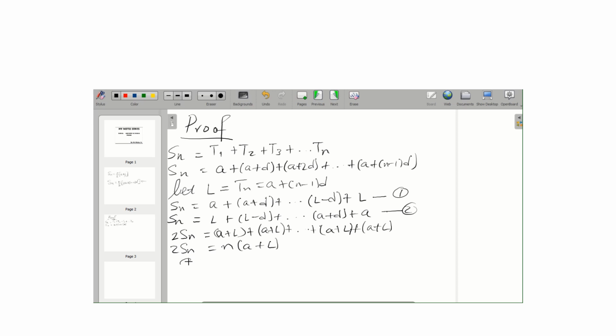Now we can simplify, dividing by 2 on both sides, and have Sn equals n over 2 times a plus L.